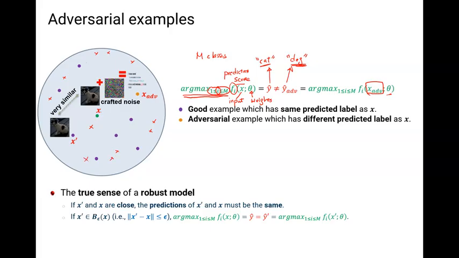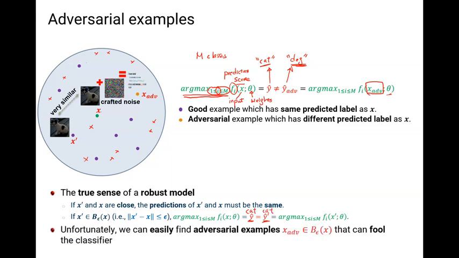Mathematically, the ground truth is a cat, and I want everything in this neighborhood to be classified as cat as well. Unfortunately, in reality that is not the case. In reality, we can easily find what we call an adversarial example: an image which is still very close to the original one, but which you will misclassify.